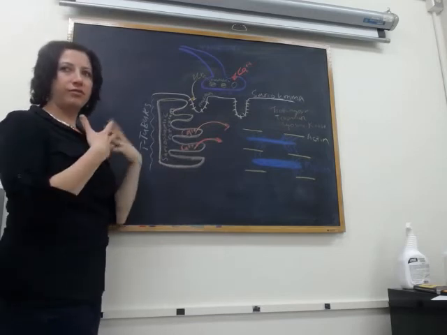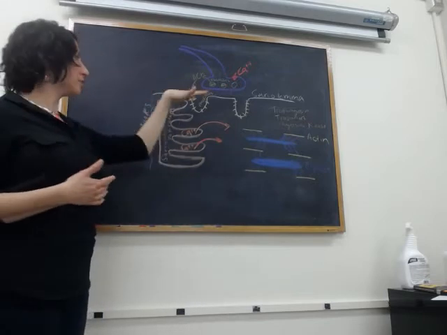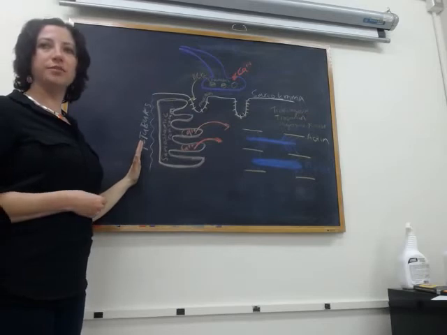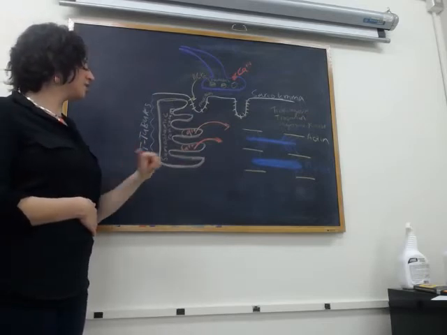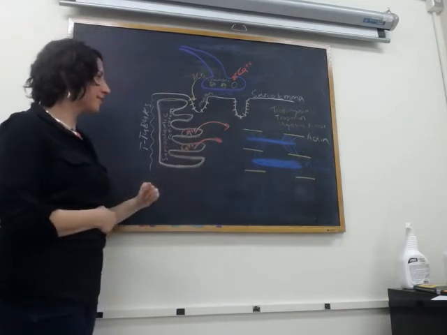This kicks out a wave of energy moving down the sarcolemma, or our action potentials, and then that continues down the T-tubules. This wave of energy stimulates the sarcoplasmic reticulum to release calcium.